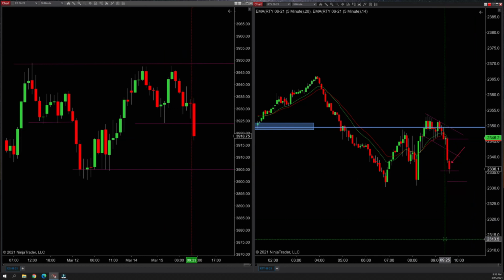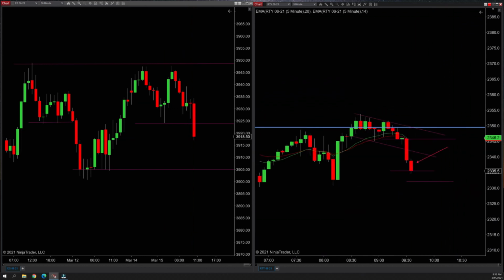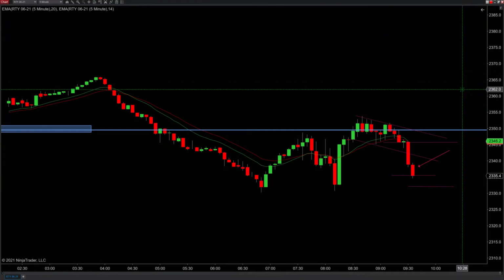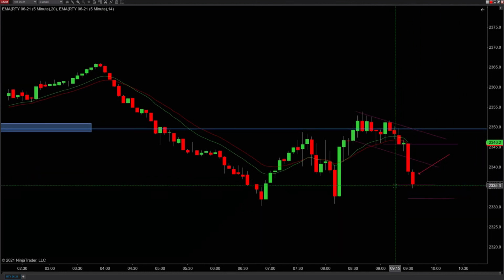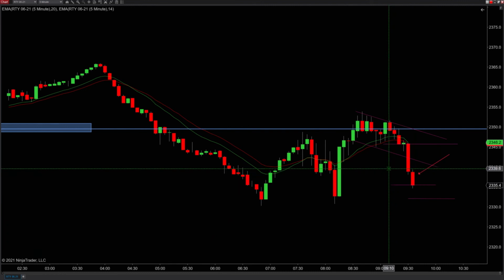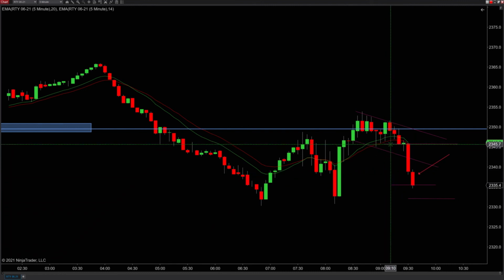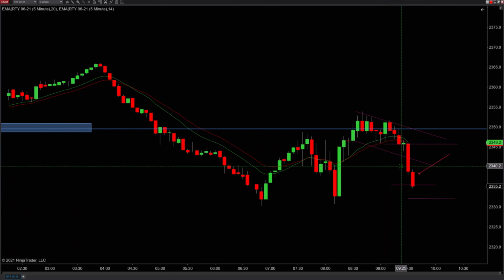So people are going to start taking profits, and it's interesting how they so often coincide with my exits. In other words, there's other people, other algorithms and so forth trading.